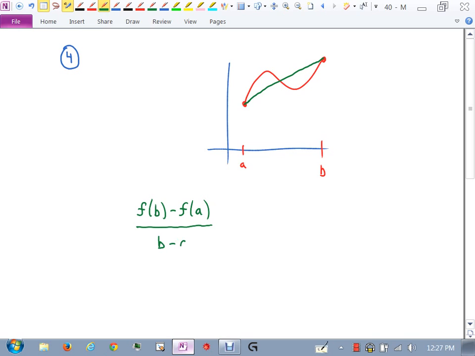There should be somewhere on the graph where the slope of your tangent line is parallel to that. Do you remember that picture? So what we are trying to find is the place on our graph where the slope of our tangent line is equivalent to the slope of the secant line connecting the two endpoints.